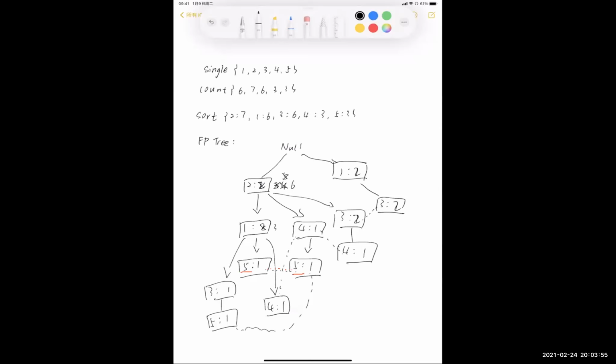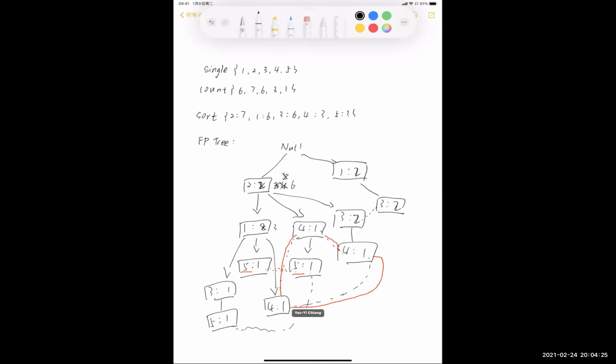Oh, the dash lines? Yeah, always the last one, because in your memory, you will only keep the last one. You don't have to keep the previous one because you can use the links to find the previous one. Wait, this is wrong. 2, 1, 4, you don't have this.